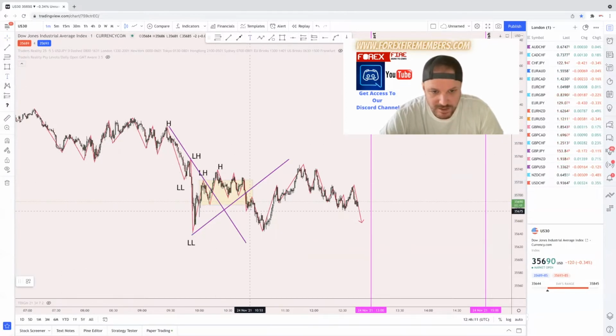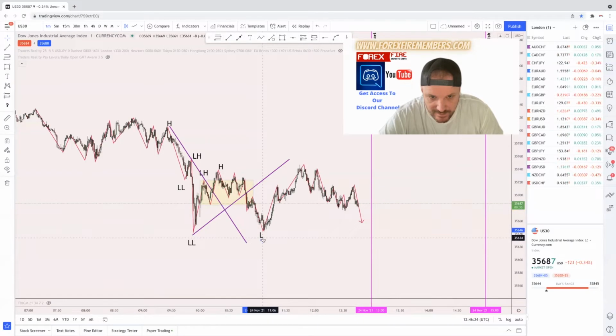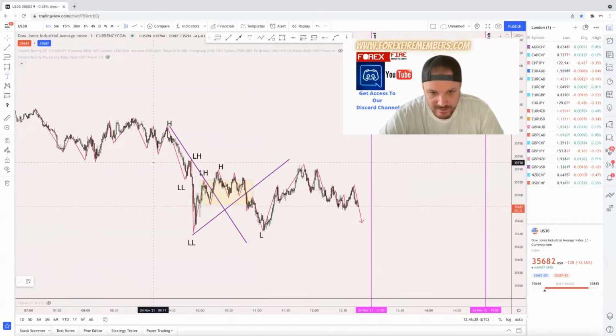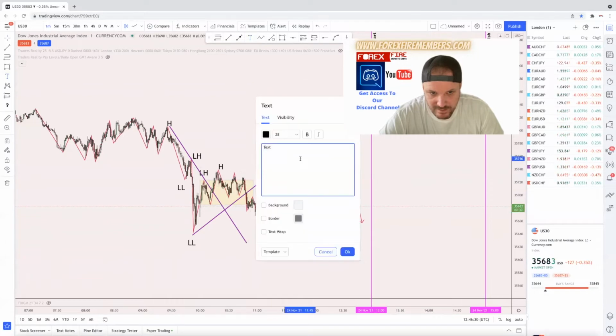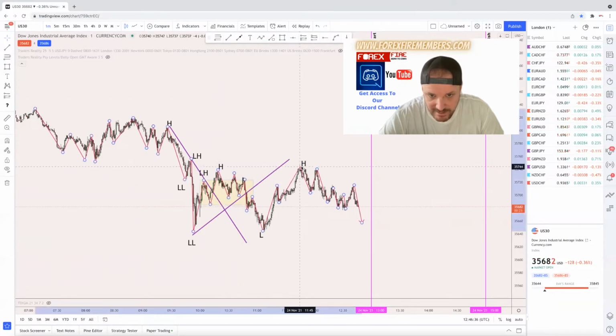Let's have a look. We don't quite have a low here. So again, we're coming up to here. We've got a low point. High point. In fact, that's a higher high.